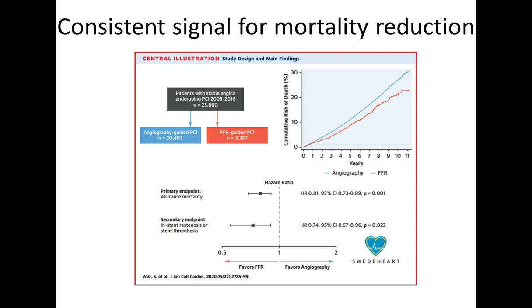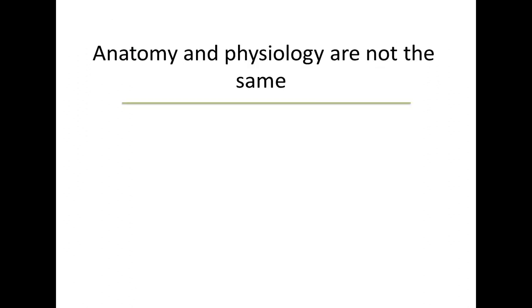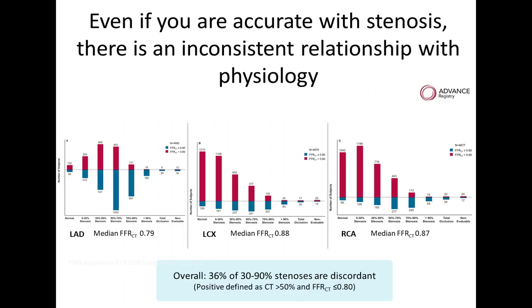And what we know from the invasive and non-invasive data is that anatomy and physiology are not the same, that there's in fact an inconsistent relationship between anatomy and physiology, particularly in the 40 to 90% stenosis range. So we clearly need more, and whether that more is invasive physiology or non-invasive physiology, I think we need to really refine our understanding of patient-specific anatomy and physiology to guide revascularization.